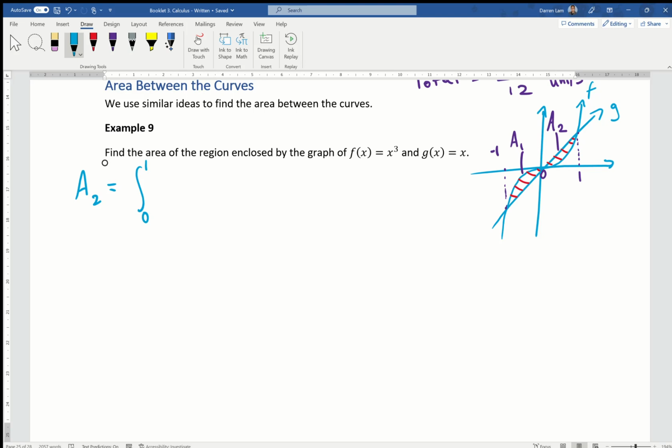So, for example, if I find the area of the top function, in this case from 0 to 1, it is g. If I find the area of this, I can subtract the area of the bottom function, and I'm left with whatever's only in between. So, using that principle, area 2 is equal to the top function, g minus f dx.